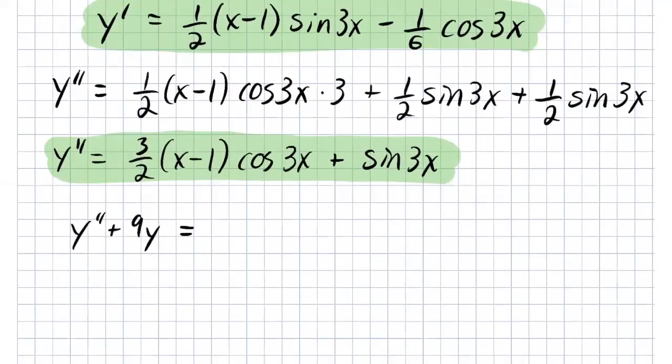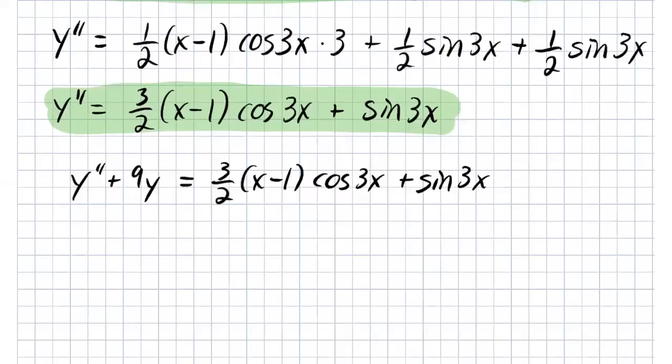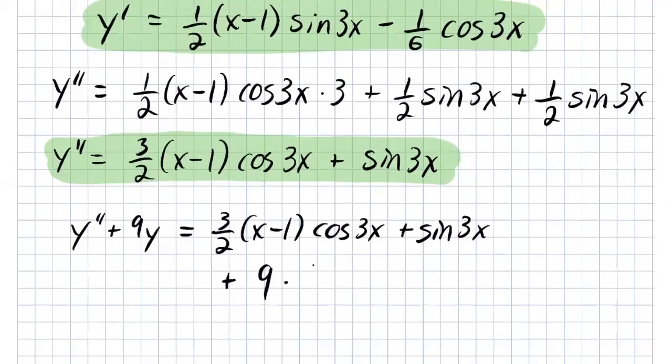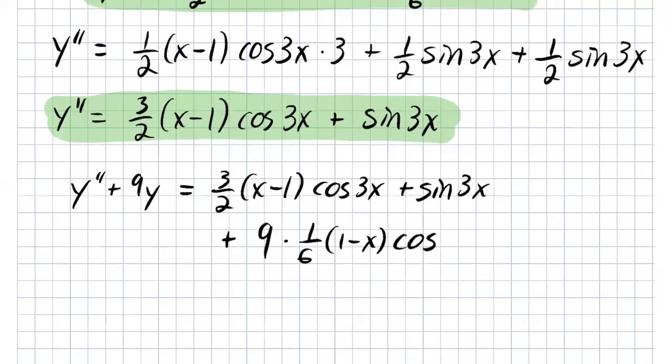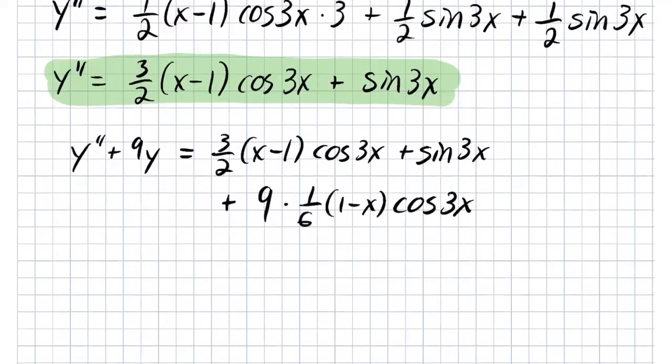So y double prime is this. And then we'll do plus 9 times 1/6, 1 minus x times cosine 3x. Okay.